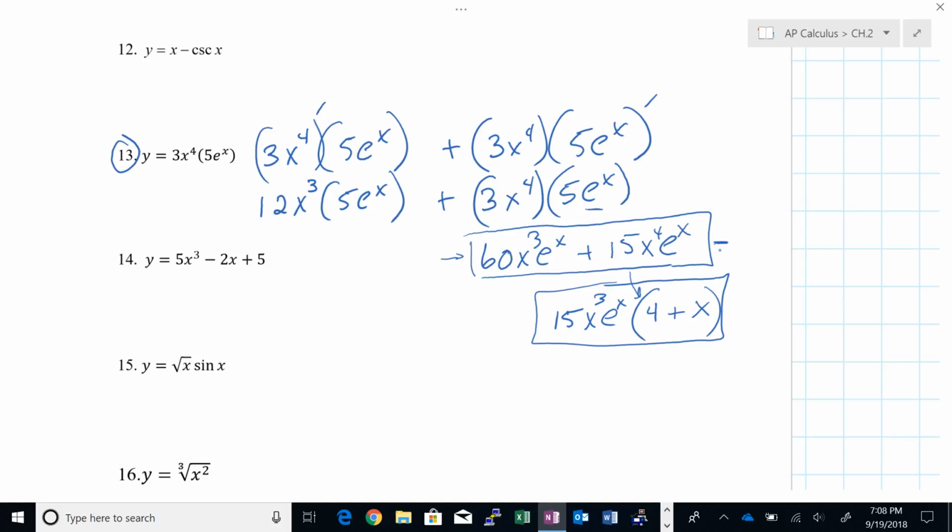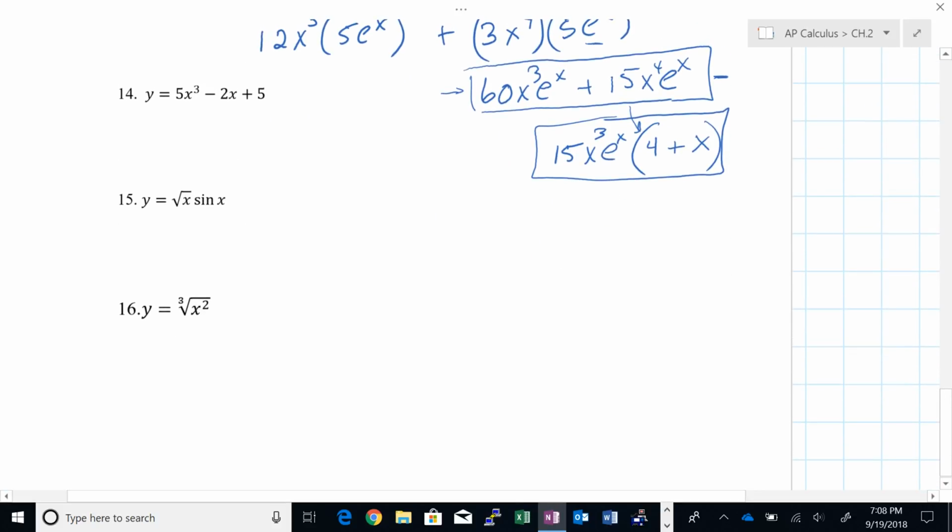All right, number 15. Let's jump to 15. We've got square root of x times sine of x. Derivative of the first times the second plus the derivative of the second times the first. All right, here we go.